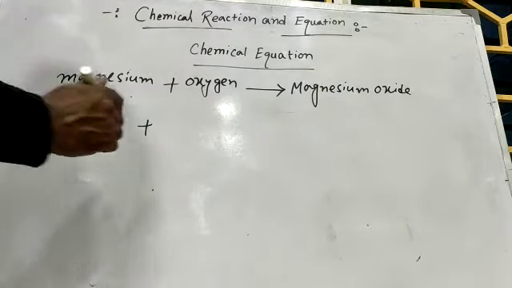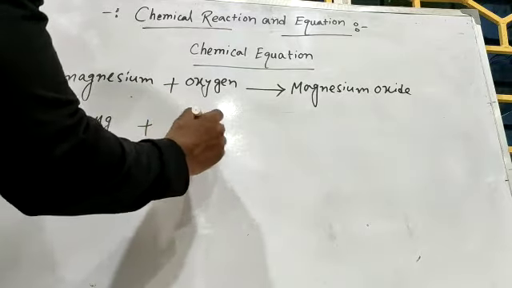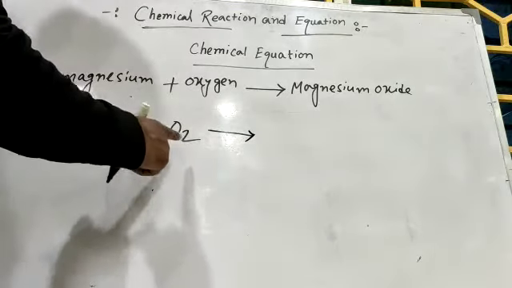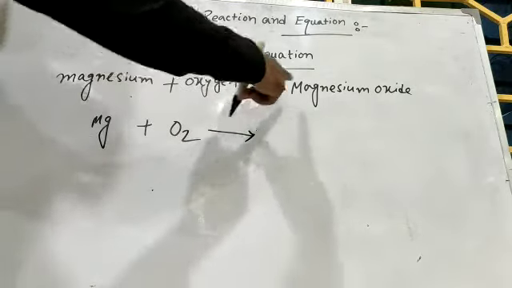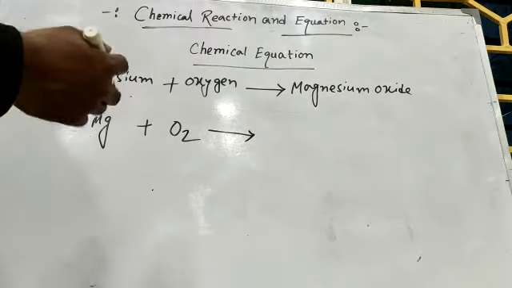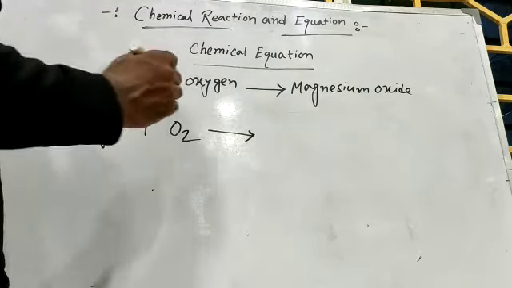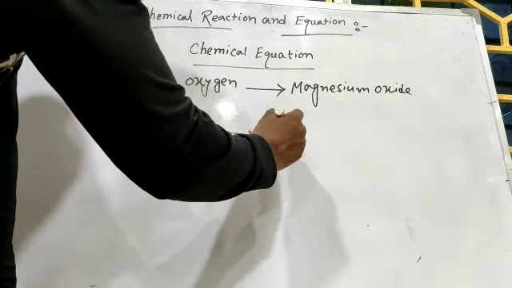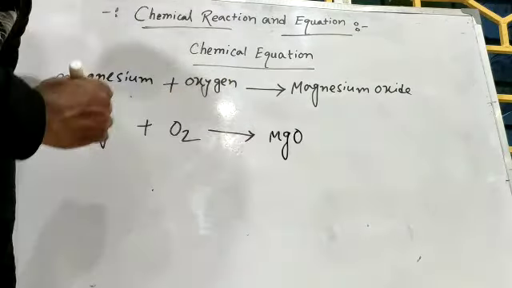The formula of the oxygen molecule we know is O2. Magnesium reacts with oxygen to form a compound, a white substance, magnesium oxide. The formula of magnesium oxide we know is MgO.